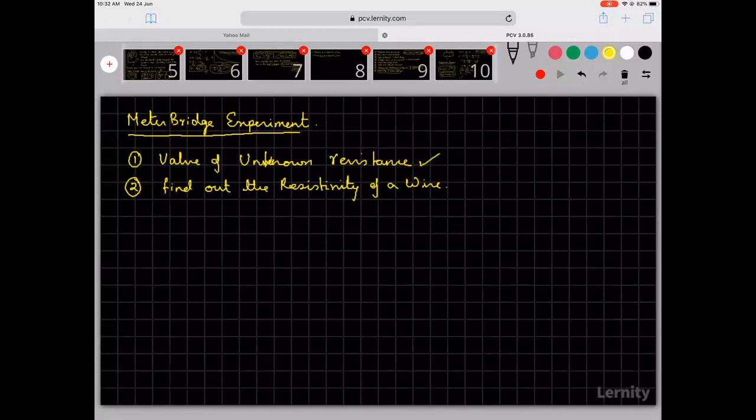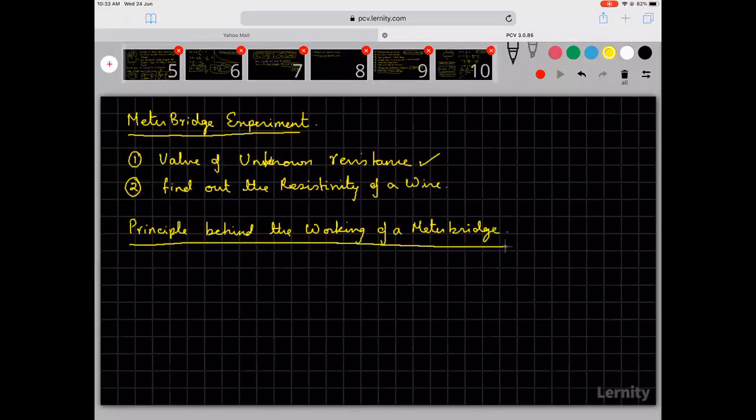Okay, then the principle behind the working of a meter bridge. The principle behind the working of a meter bridge is a Wheatstone bridge.